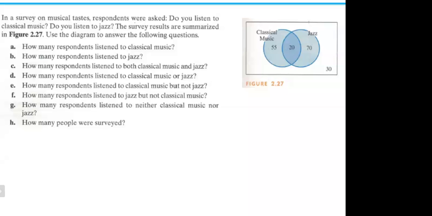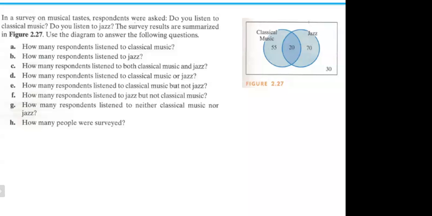Thank you very much. All right, Ms. La Rochelle, I want you to answer C and D, please. For C, it's 20. And for D, 145, I think.